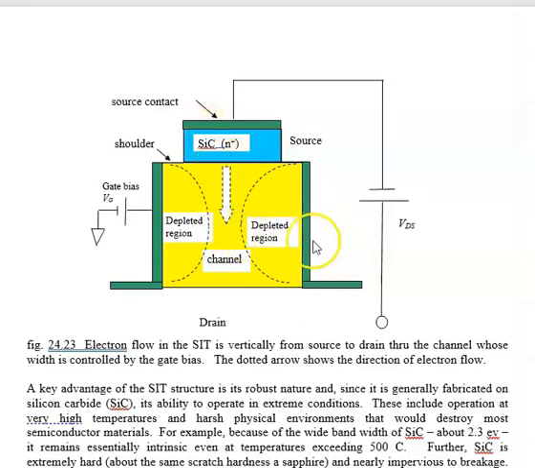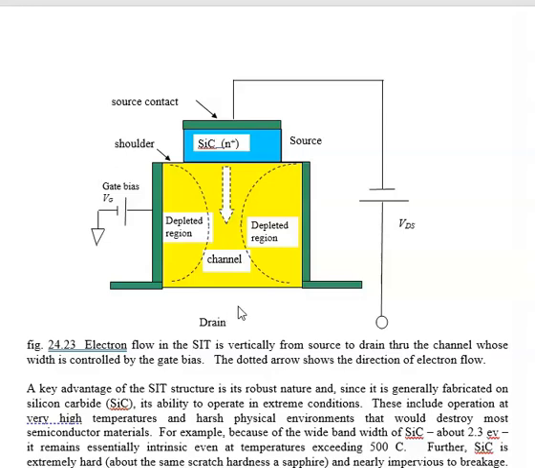And here we show the charge flow. The gate controls the depletion region, and the channel is now depleted, or partially depleted, and the dotted arrow shows the charge going from the source into the drain.